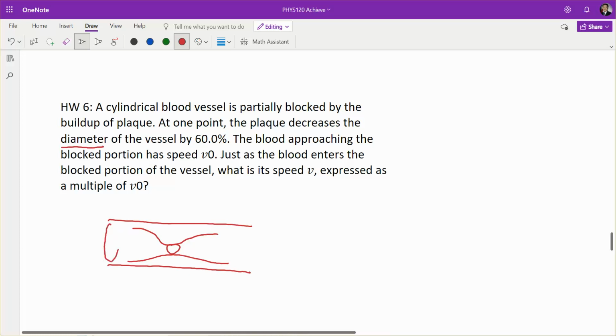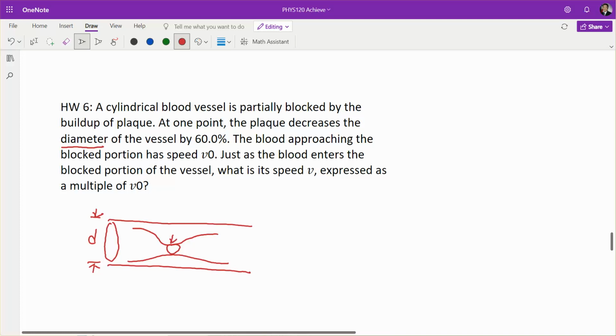What does that mean? If this is the diameter, D, you decrease by 60%, meaning you only have 40% left.